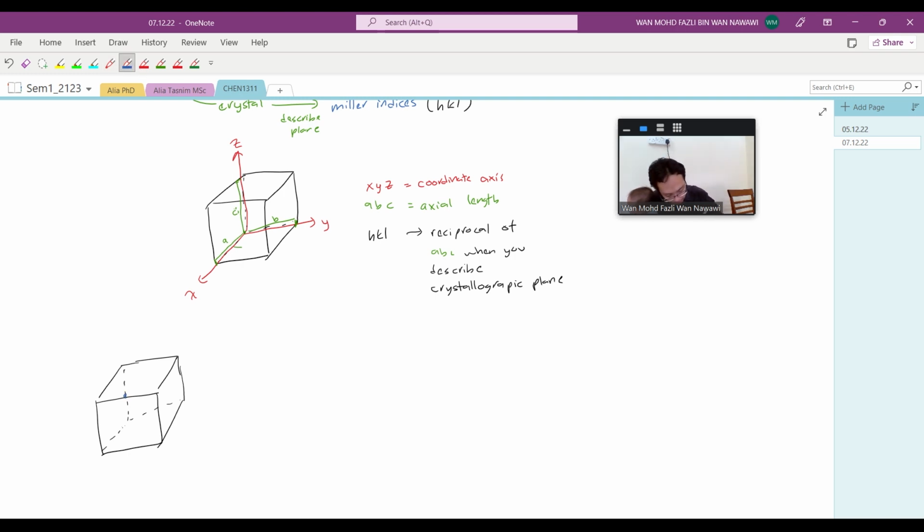I make a plane like that, so that is a plane, like a flat surface.